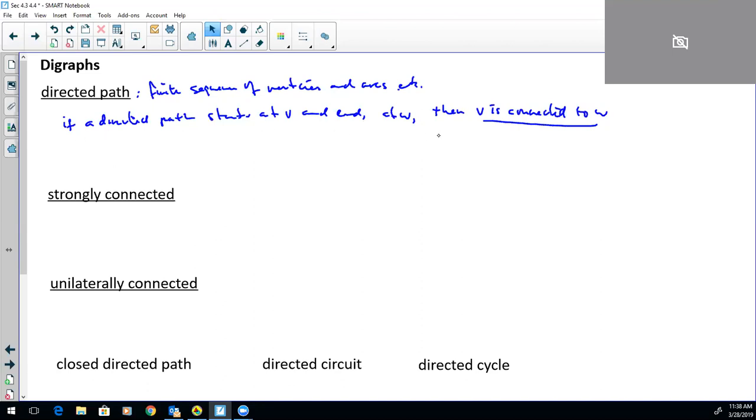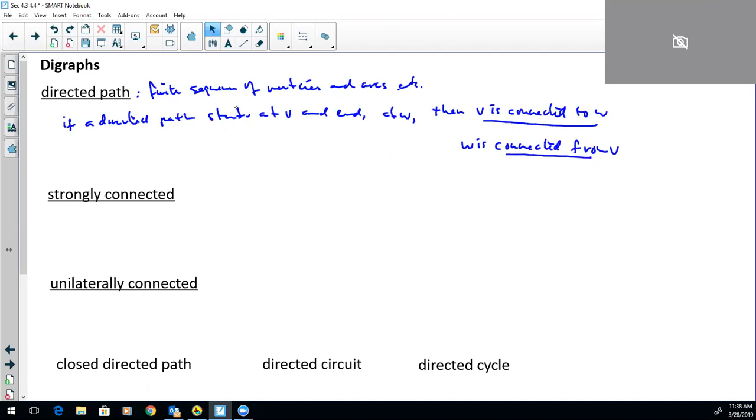So if it starts in V and ends at W, we'll say W is connected not to V, but from V. So connected to and connected from.